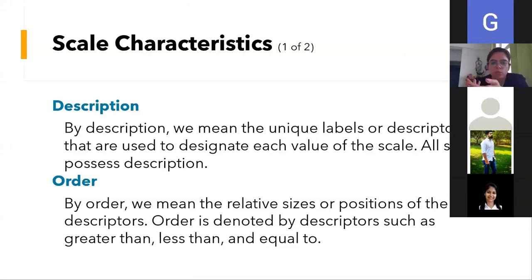What is description? Description comes in which scale? Unique labels or descriptors are used. It comes in all scales, but which has only that? Nominal has only this.